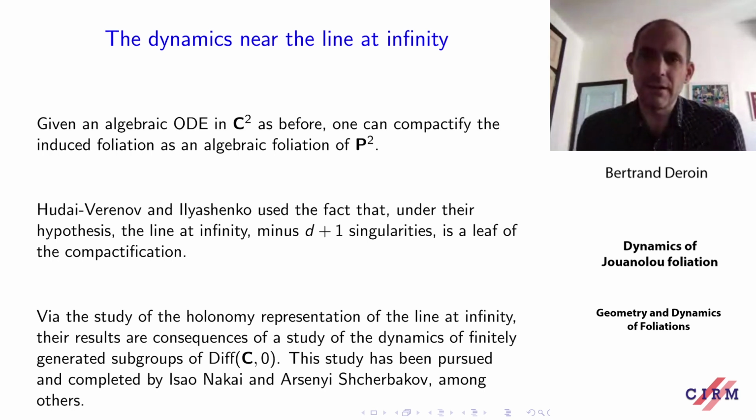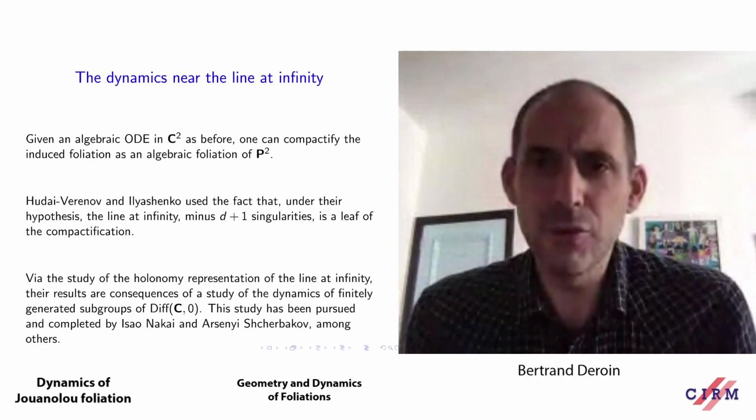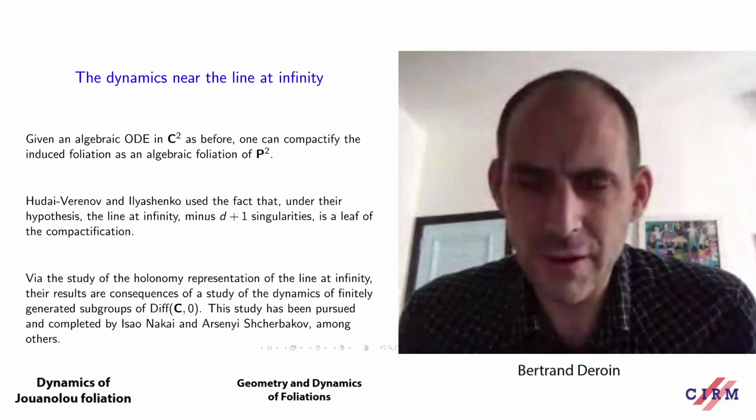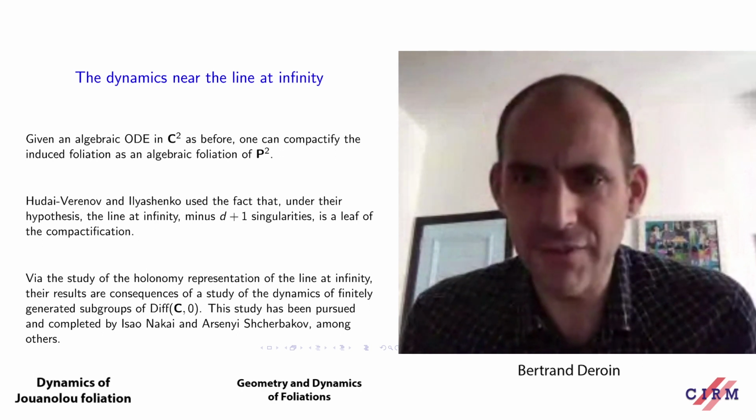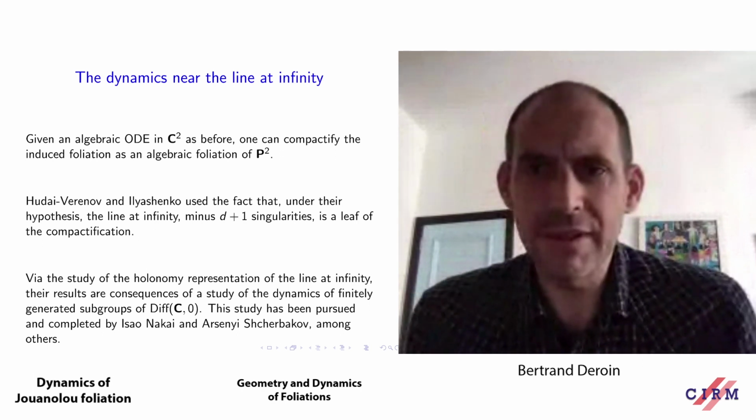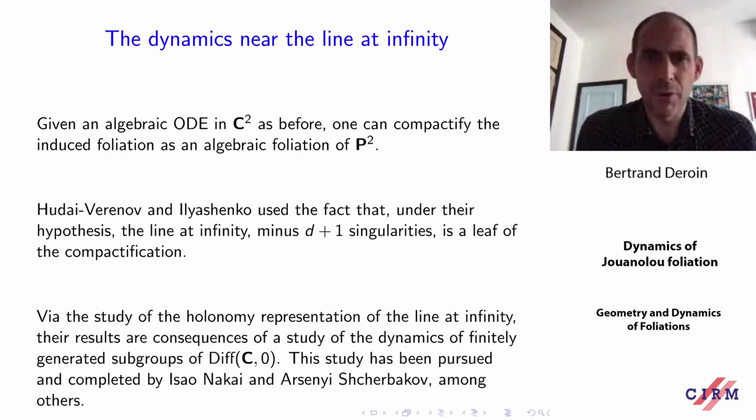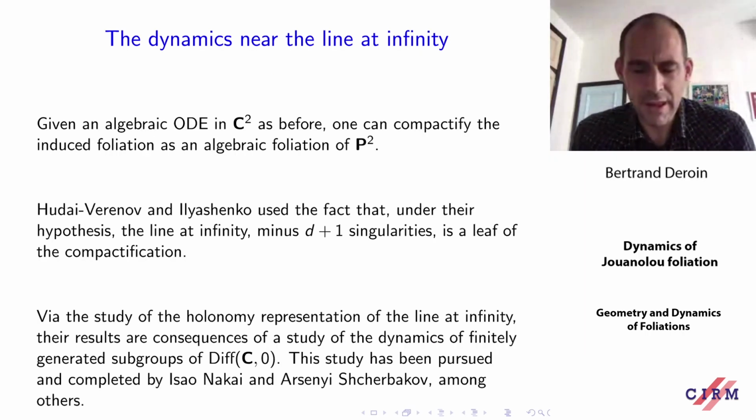The main ingredient that they use is the holonomy representation of this leaf at infinity, which gives a representation of the fundamental group of this sphere minus d plus 1 points into the group of germs of diffeomorphisms of the complex line fixing 0.